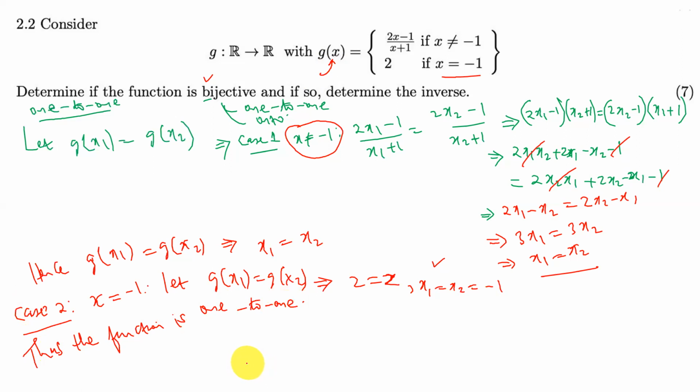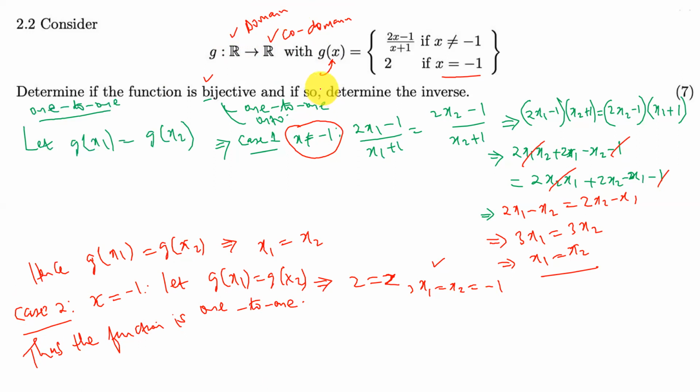Now, the next thing is to show that the function is onto. Obviously we need to consider the domain and the codomain of the function for the onto part. I remember trying to think of this even a while ago when I was assisting students, and I was thinking of the easiest way to think of the ontoness of a piecewise function.